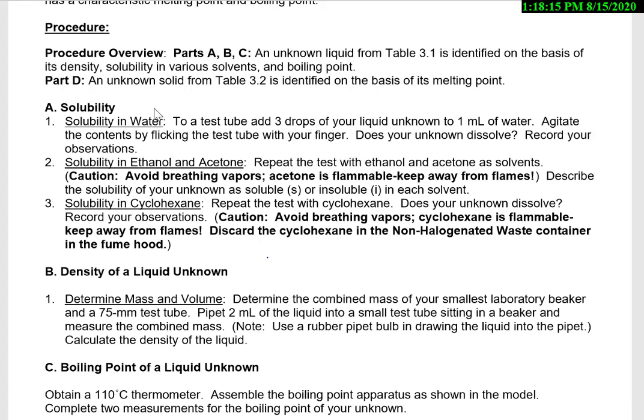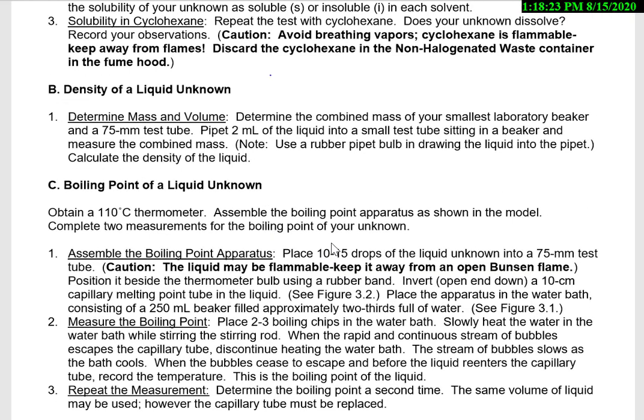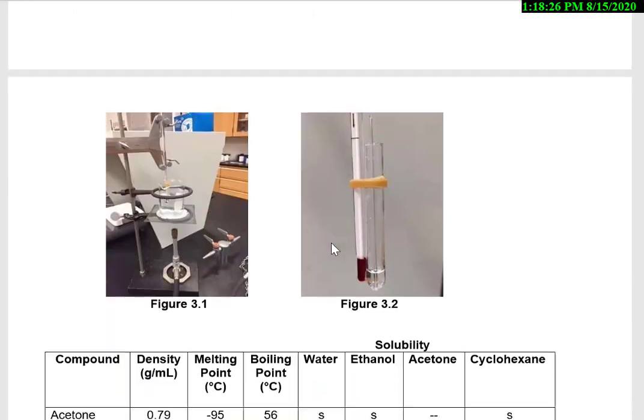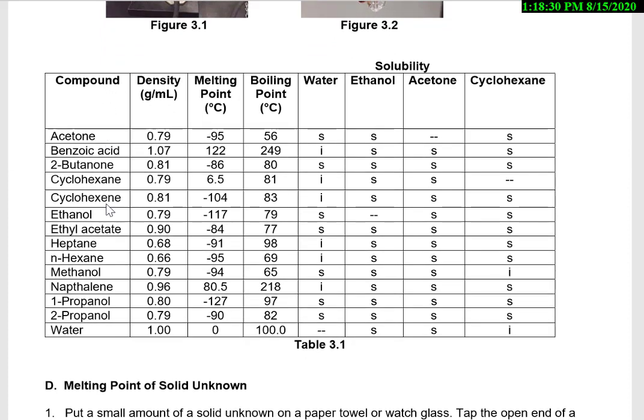For the procedure for this lab, you'll see some videos are posted and then some data is given. So the info sheet will explain which parts for you to watch and which parts for you to use data. So here is the table for your liquid unknowns. So your liquid unknown is going to be one of these compounds, and what's happening in part A will show you the solubility, whether it's soluble or insoluble in these 4 substances.